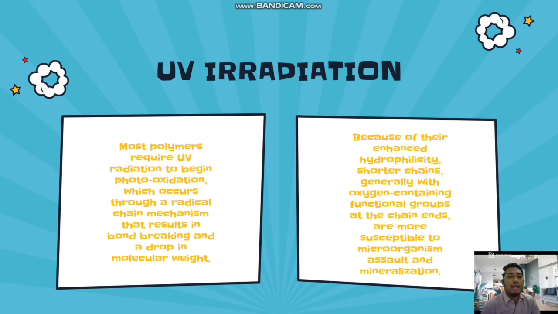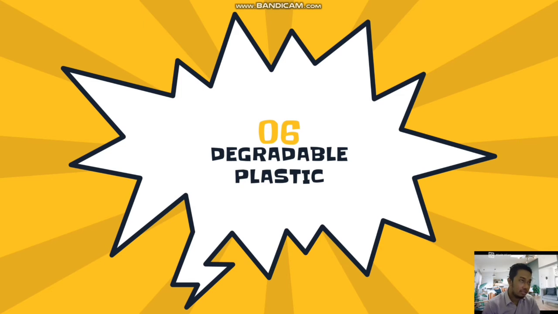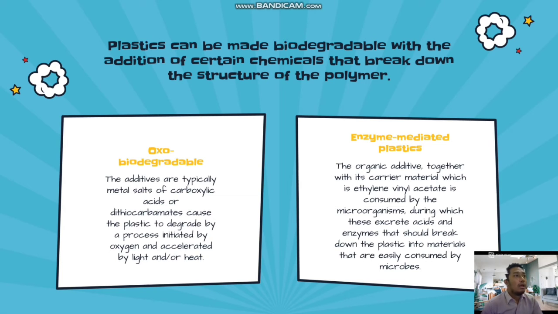Because of their enhanced hydrophilicity, shorter chains, generally with oxygen-containing functional groups at the chain ends, are more susceptible to microorganism assault and mineralization. Next, for the degradable plastic, plastic can be made biodegradable with the addition of certain chemicals that break down the structure of the polymer.